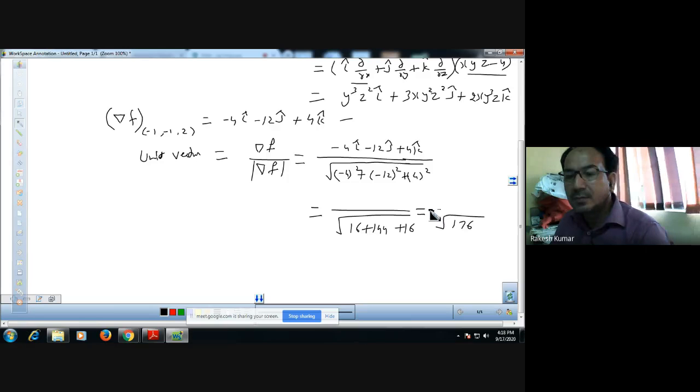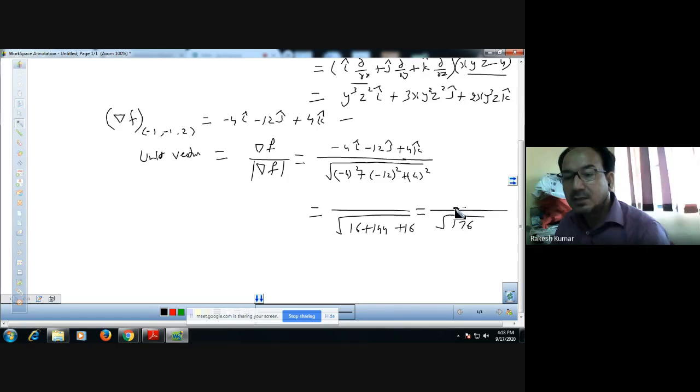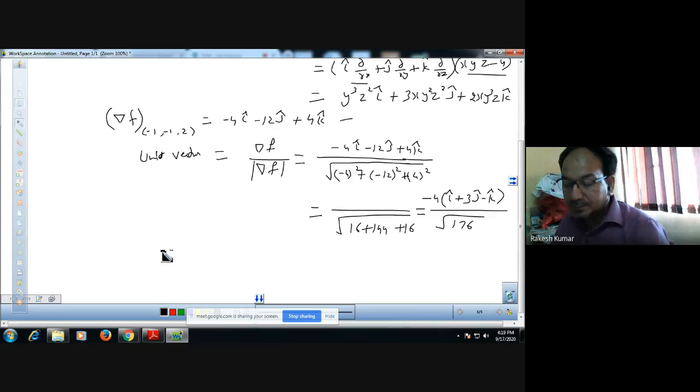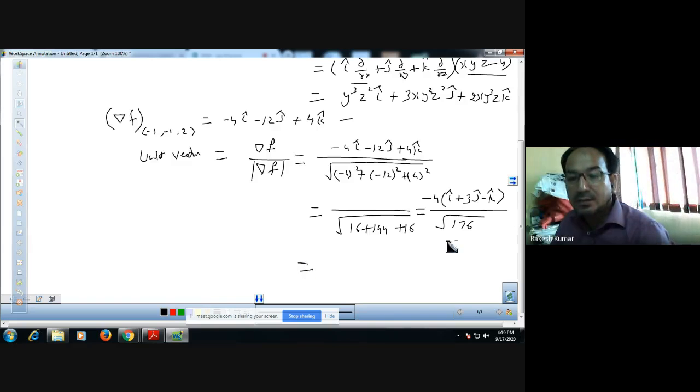So that will be the square root of 176, and in the numerator -4 can be taken common: i cap plus 3 j cap minus k cap. This will be your numerator here.